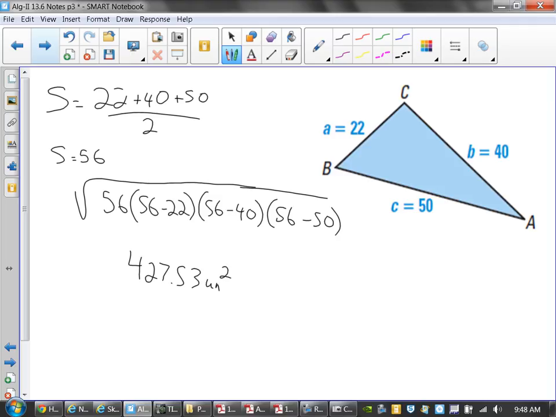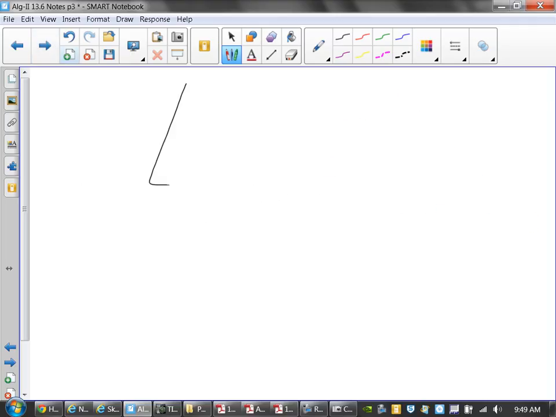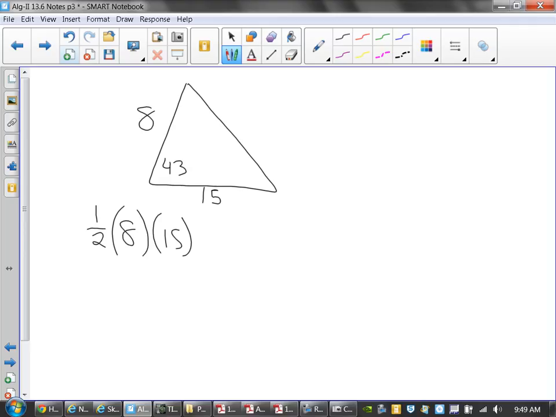When you're dealing with the other one with the sines, that's when you had side angle side. You would take 1/2 side times side times the sine of your angle. That was very easy.